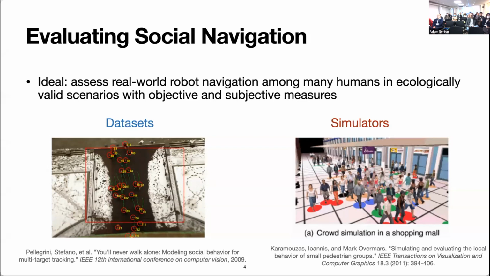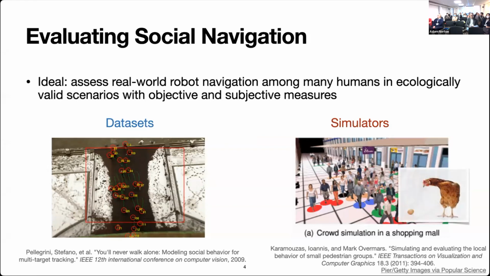You can run the algorithm repeatedly in the same kinds of scenarios, but it relies on us having a good sense of how to simulate human navigation. And so we have a chicken and egg problem here, right? If we knew how to simulate human navigation, we wouldn't need to assess our social navigation algorithms because they'd already be good. So the navigation algorithms that we're using in these simulators tend to be simplified and don't really fully represent what humans will actually do.